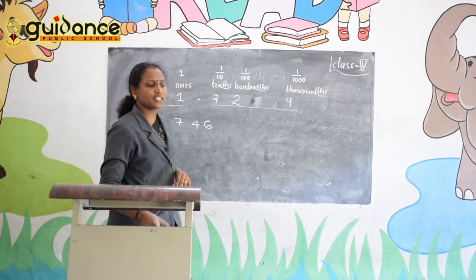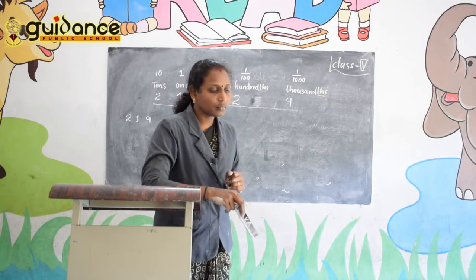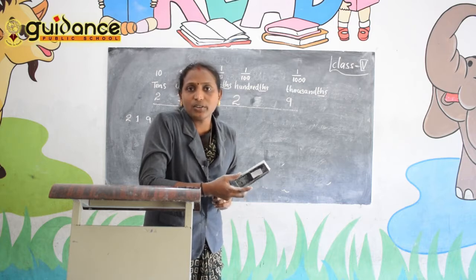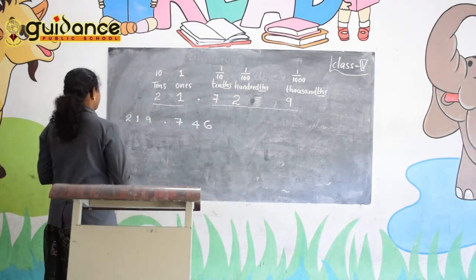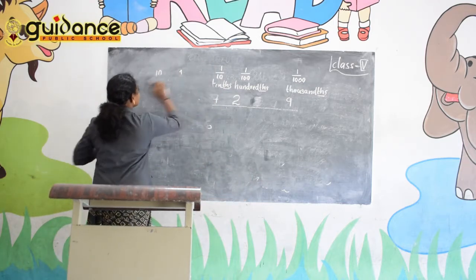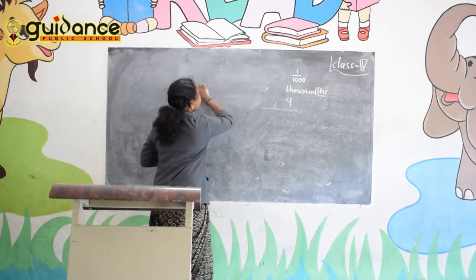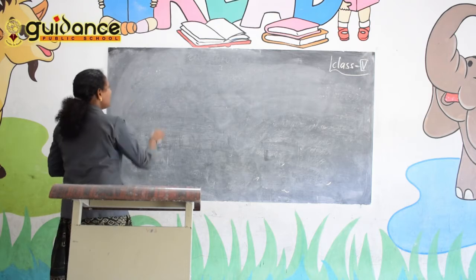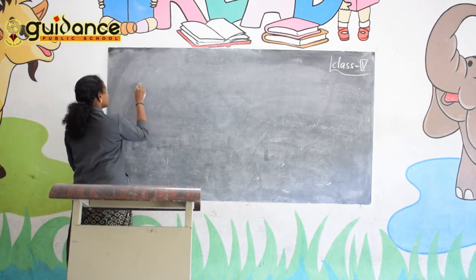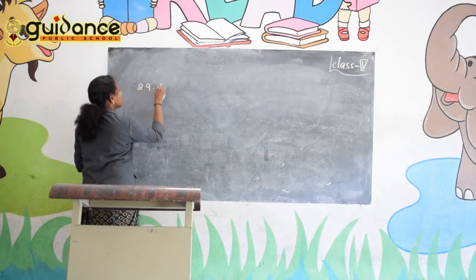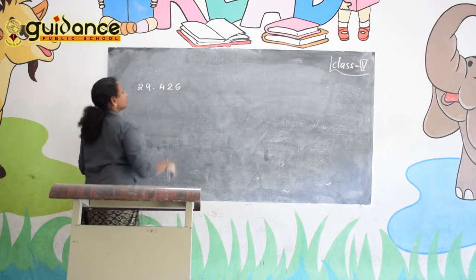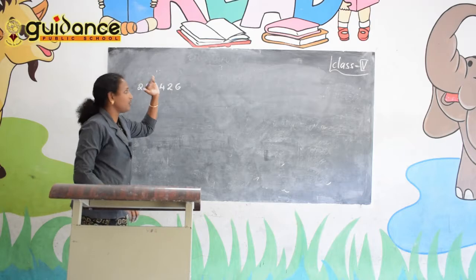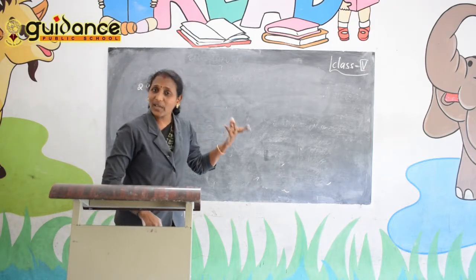So next we will study the place value chart of the decimal number. 29.426 we will represent on the place value chart.